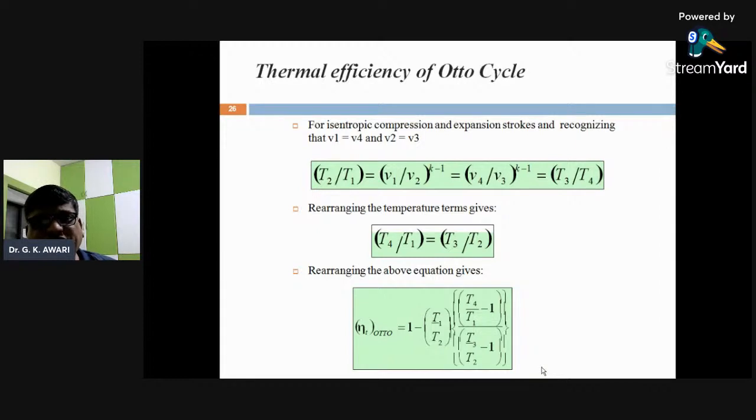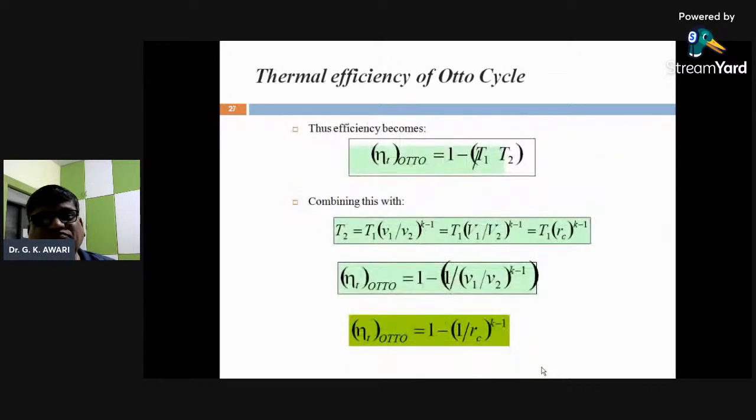So rearranging the equation of the Otto cycle, that is 1 minus T1 by T2 in bracket T4 by T1 minus 1 divided by T3 by T2 minus 1. So the thermal efficiency of the Otto cycle becomes 1 minus T1 by T2.